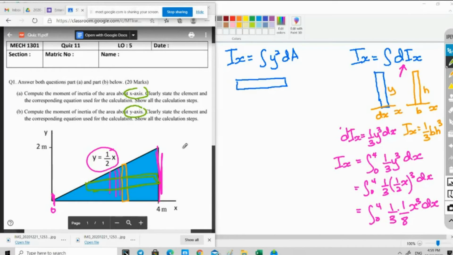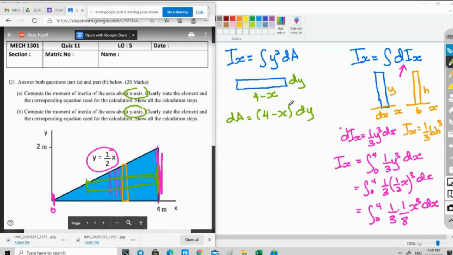When you take out that horizontal element and bring it here, this will be dy, but this whole length is 4 minus x, right? So you have 4 minus x. To get dA, it is just this multiplied by that one. So dA equals 4 minus x times dy.